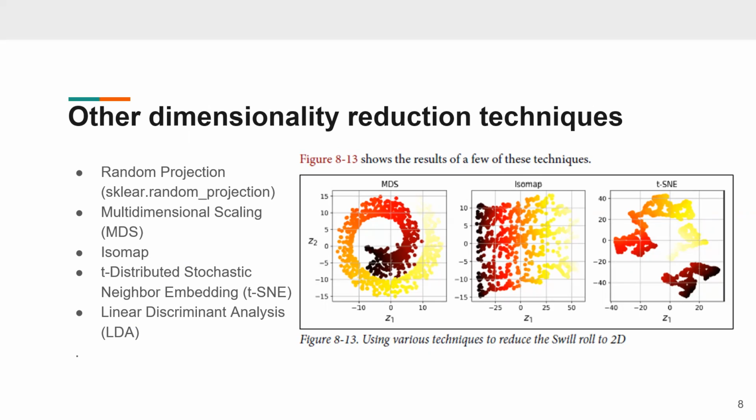You use different techniques to reduce the Swiss roll dataset to two dimensions. So the MDS output looks like this, Isomap looks like that, and t-SNE looks like this. Conceptually, if you look at those three, you probably think that Isomap and t-SNE might be doing a better job than MDS, right?